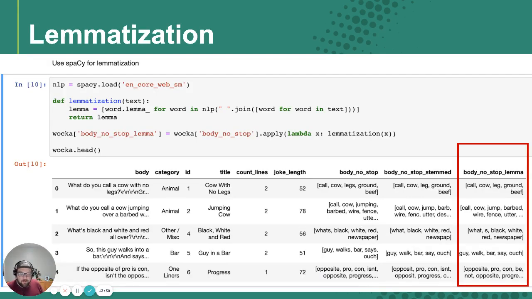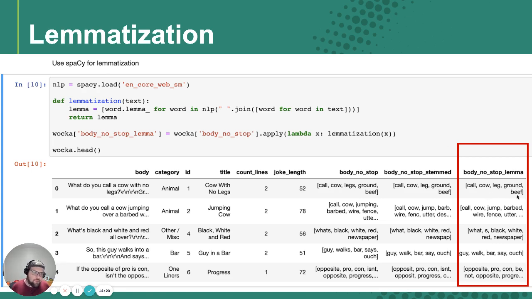So let's look at an example. We're using spaCy for this, which is a little bit faster, I believe, for lemmatization exercises. We're loading a pre-trained model for lemmatization using spaCy and applying it with a function and lambda function.